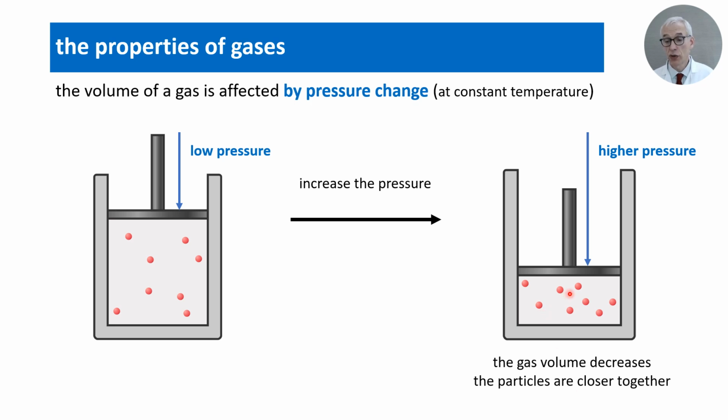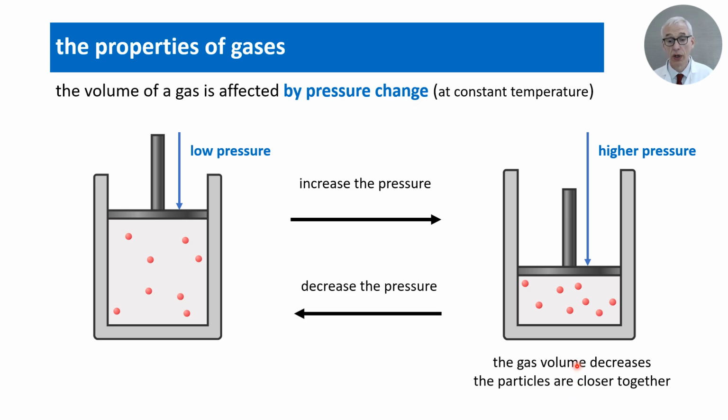The particles do not change size or shape themselves. It's the distances apart that is affected by the change in pressure. So the volume decreases because the particles are closer together.